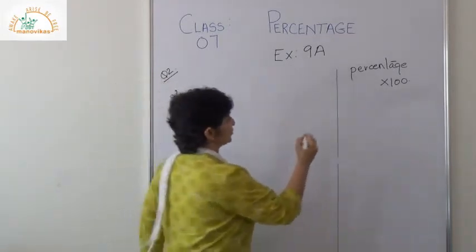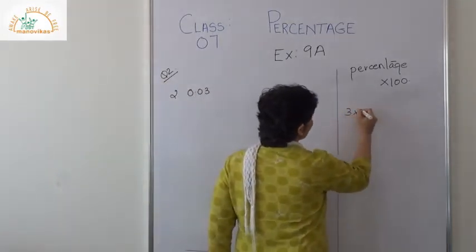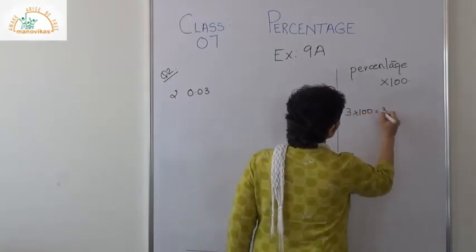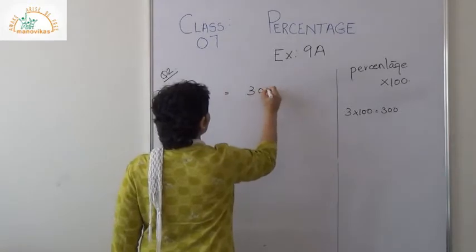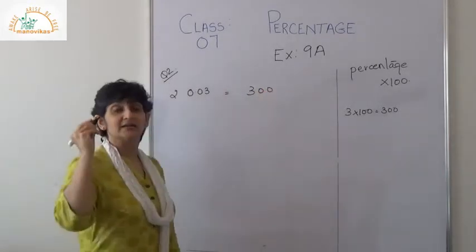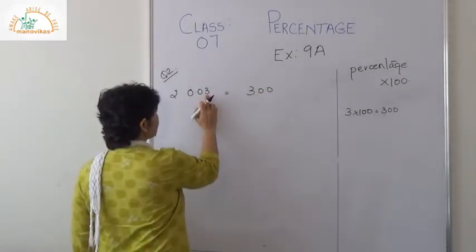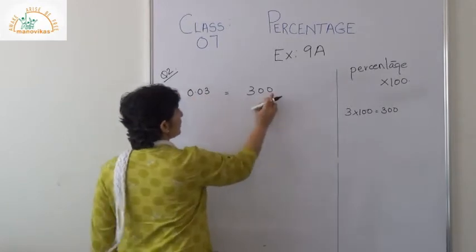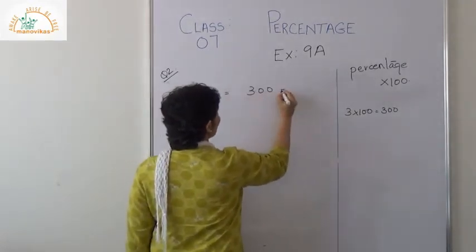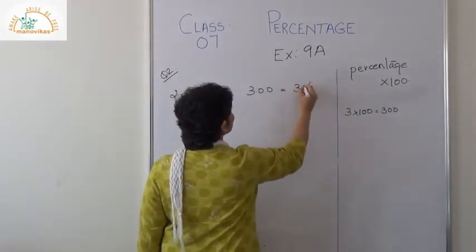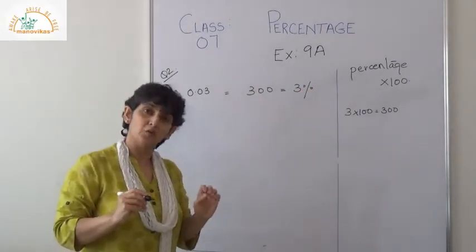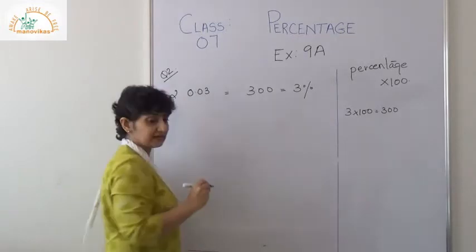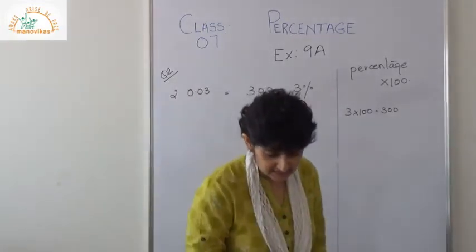So just take 3, children. 3 into 100 will give you 300. So write your answer 300. Now count the number of decimal places. 1, 2. So my answer is 3%. After the decimal, the zeros have no value here. Is that clear?